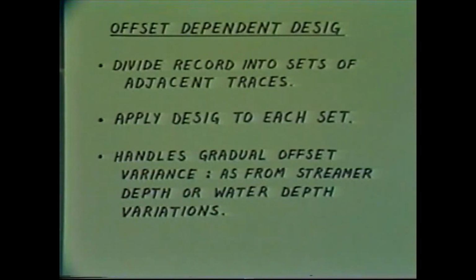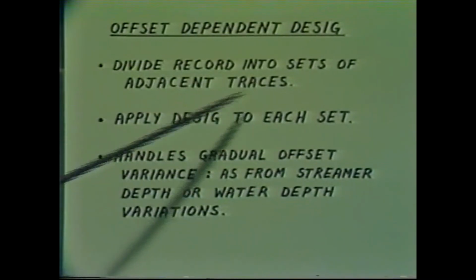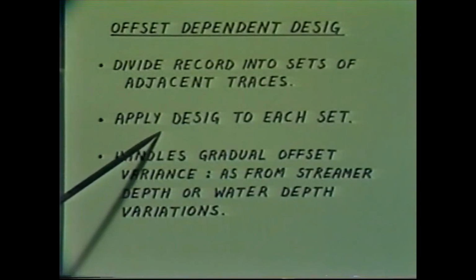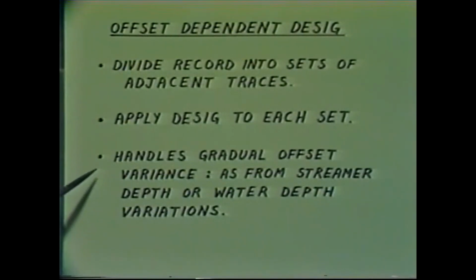This simply consists of dividing the input record into several sets of adjacent traces. For example, a 48-trace record could be divided into 4 12-trace sets. Now, we design and apply designature to each one of those sets independently. So this will handle a gradual offset variation across the record, such as you may get from streamer depth or water depth variations along the streamer.